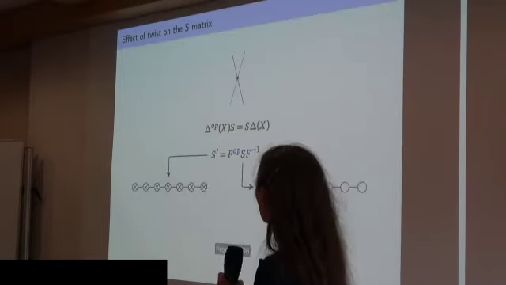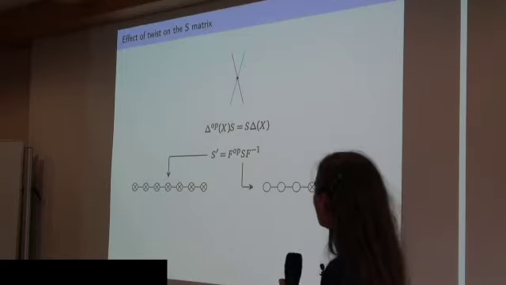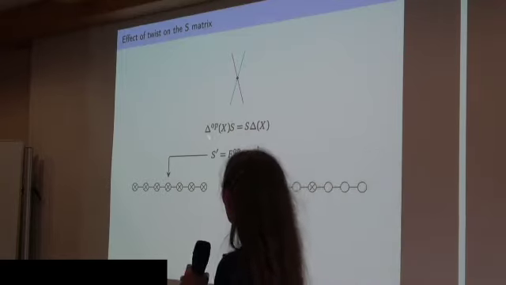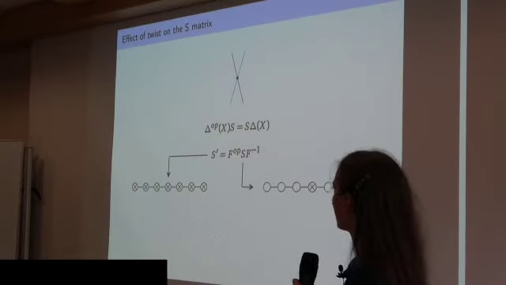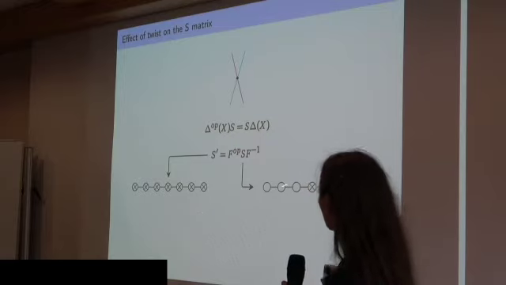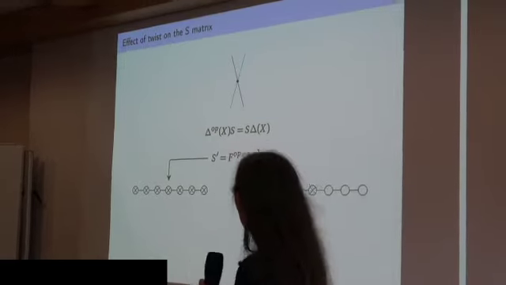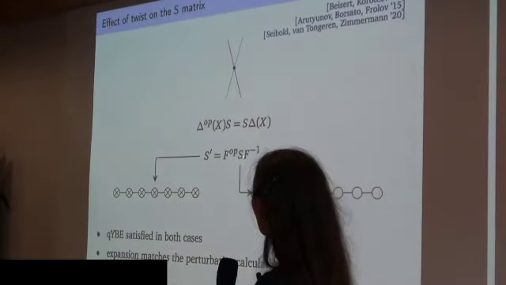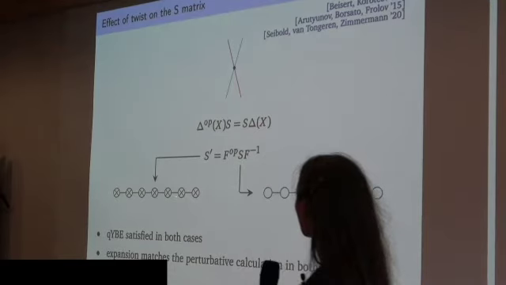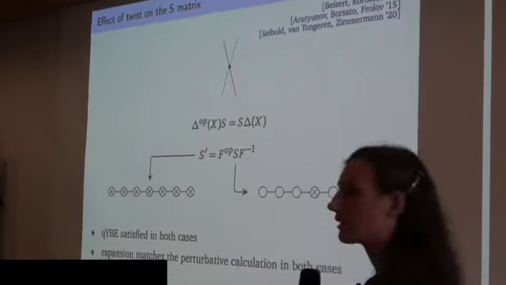So for instance, this S matrix could be the S matrix associated to the distinguished Dynkin diagram, and this S matrix could then be the one associated to the fully fermionic Dynkin diagram, and you can construct this one starting from this one by implementing this twist. And you can actually check that both S and S prime, for these two choices of Dynkin diagram, satisfy the quantum Yang-Baxter equation.